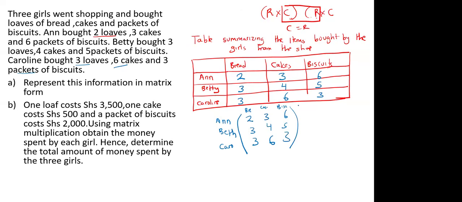In fact, for the matrix, our small title is going to be here under the matrix. You can say a matrix showing the items bought by the 3 girls.